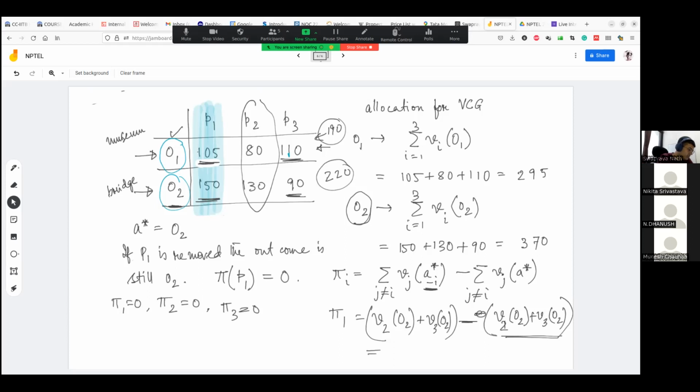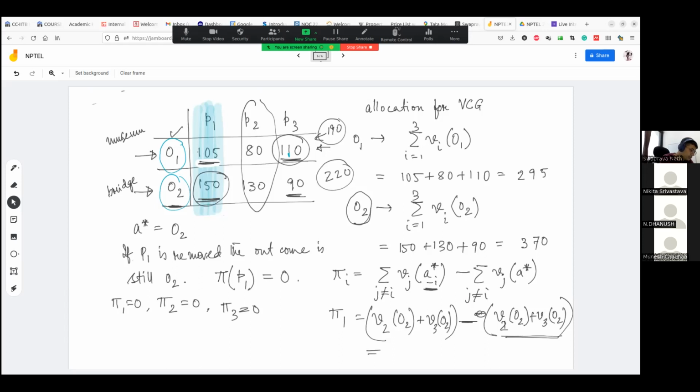And turns out, what is the most efficient allocation in this case? O1 goes to P3 and O2 goes to P1. So essentially this is the allocation. This goes to this agent and this goes to this agent, right? And that gives you, sorry, 260, the sum of the valuations is 260.